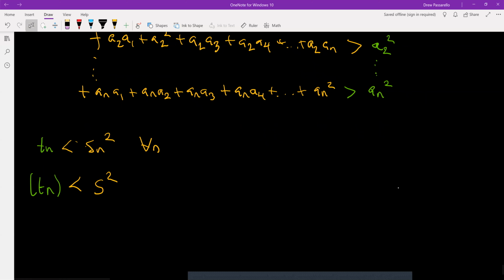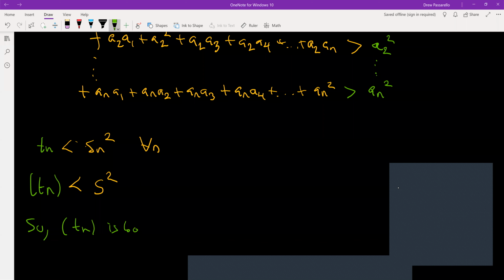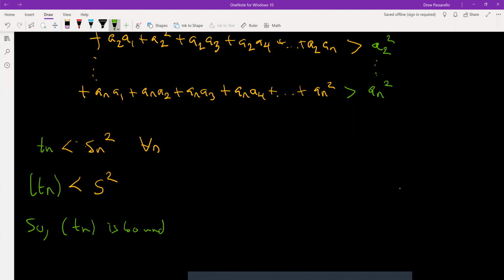So therefore, it's bounded. It's bounded above by S squared.